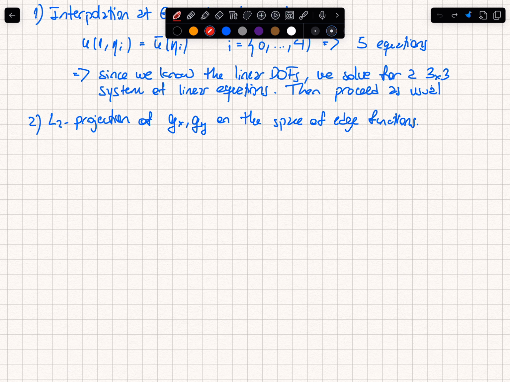hp? Both. Okay. And this is good because it's going to allow us to try to understand and classify problems in FEM.